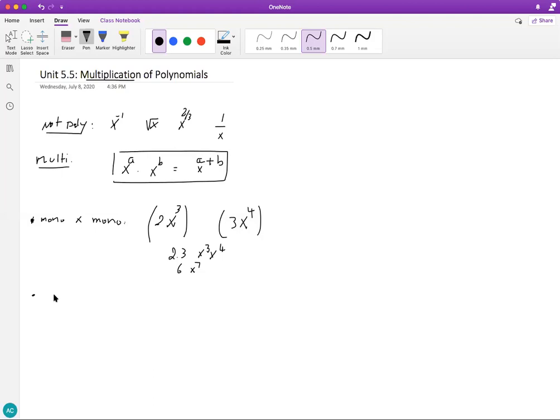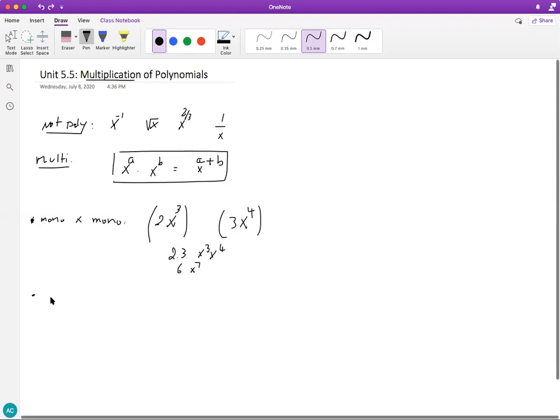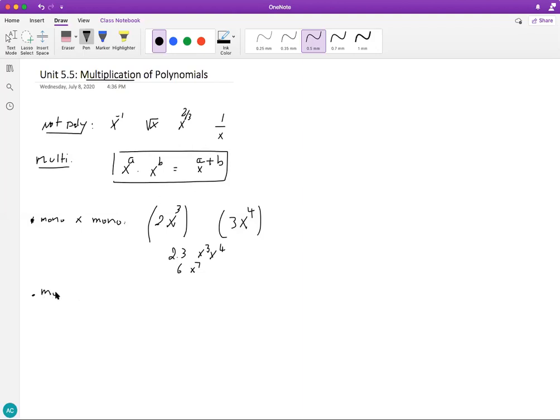You could also have a monomial, let's say 3x to the second, multiplied by a binomial. How many terms does a binomial have? How many terms are in a binomial?